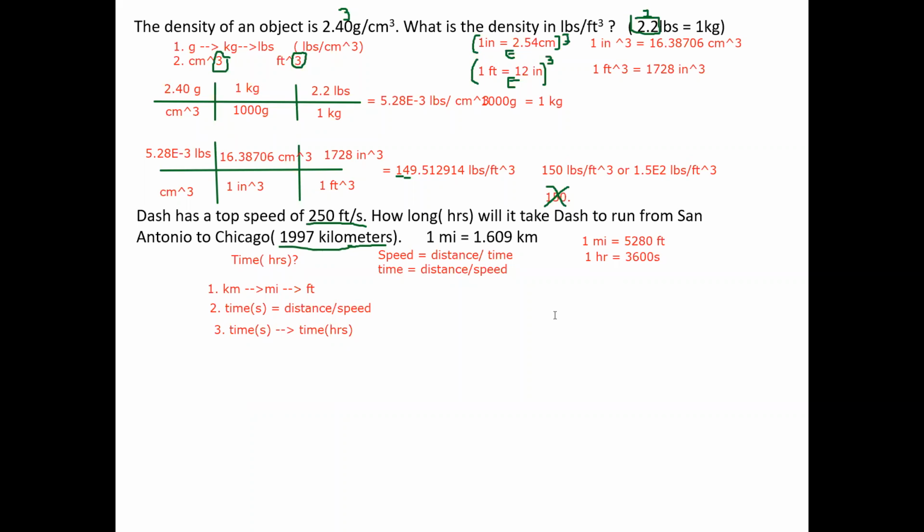So step one, we want to convert kilometers to feet. Set up our train tracks. In our first empty set of train tracks, kilometers is in the top left. So going from kilometers to miles, kilometer goes on the bottom.